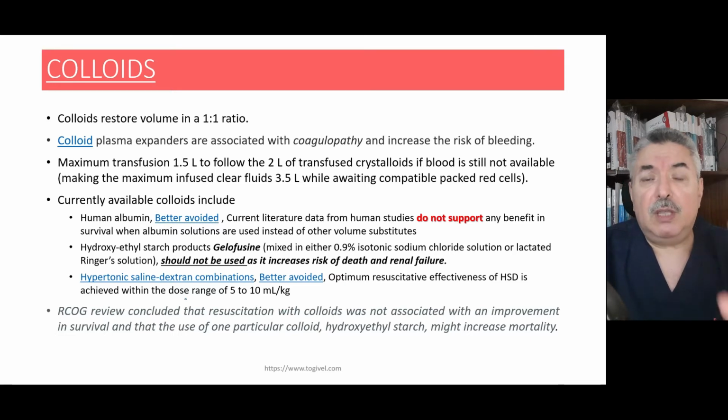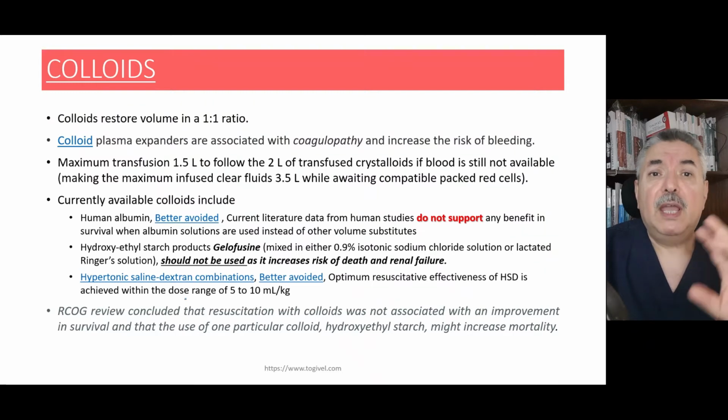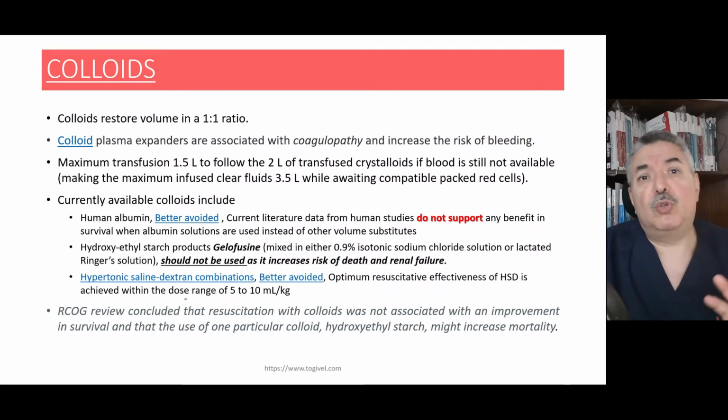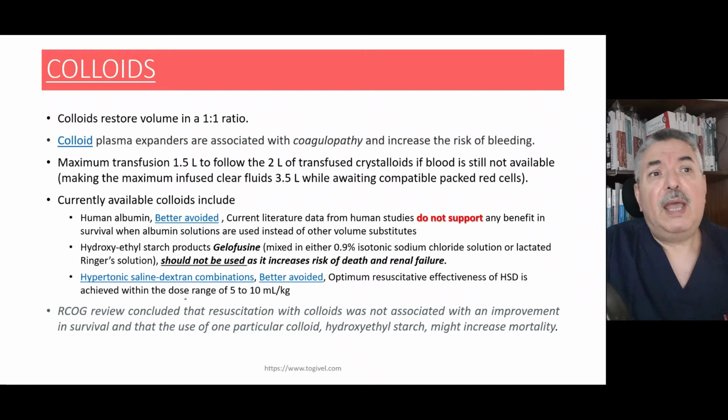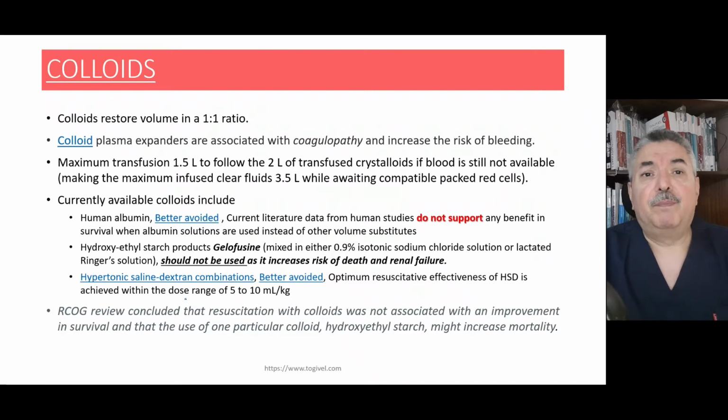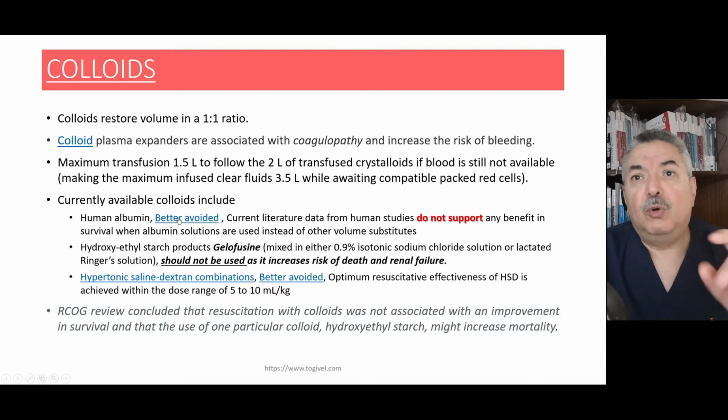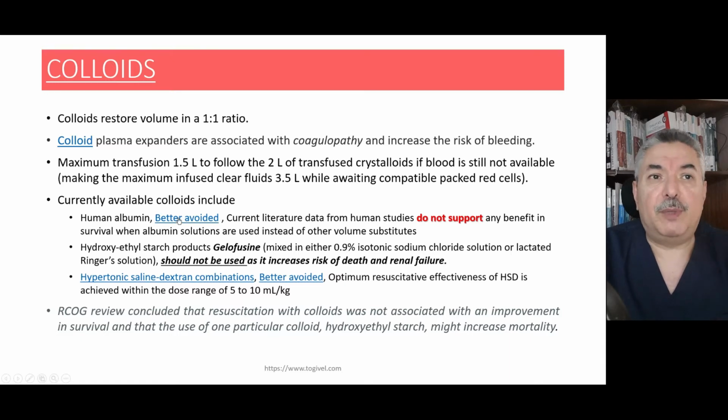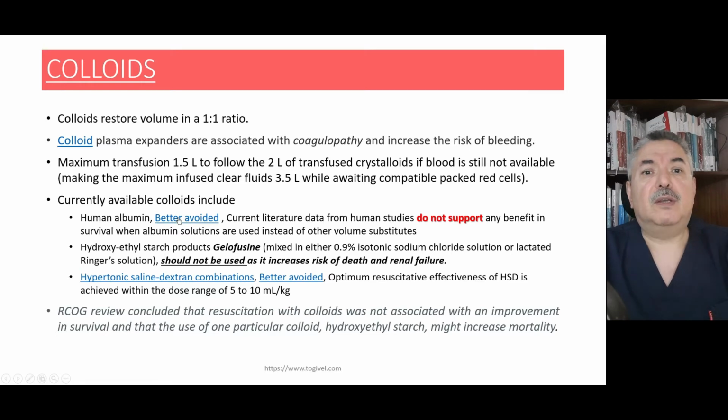The RCOG recommends against using any hydroxyethyl starch product because it may cause renal failure and it may lead to patient mortality. So it increases mortality, and that's why we will not use them. So we are left with the albumin and the hypertonic saline dextran. All of the colloids, by the way, lead to coagulopathy. All of the colloids increase coagulopathy. So whatever type I will say, it increases coagulopathy.